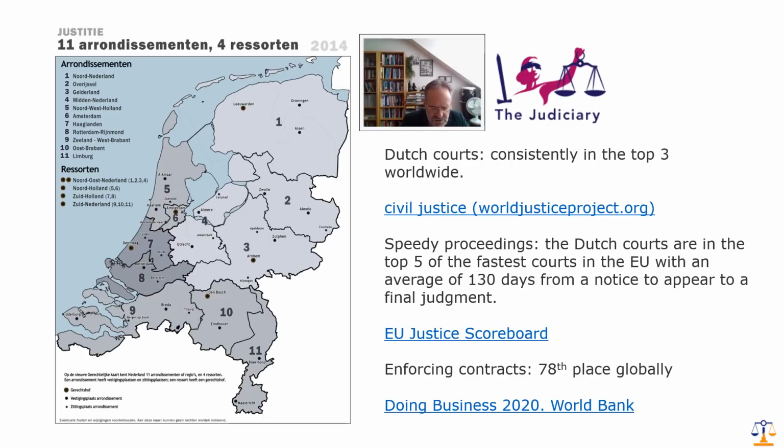All these details are not so relevant now from a business perspective. We are simply interested in the question, suppose we would have to go to court in a country. Can we then rely on the courts? Well, there are some sources which can help you in finding that out.